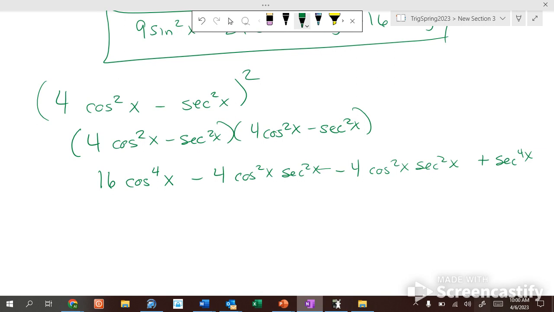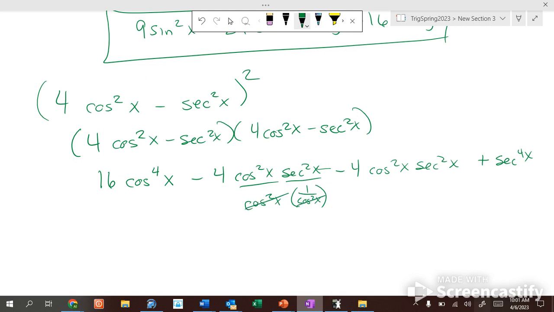Now, what's cosine squared times secant squared? Ooh, very good. Because secant squared is 1 over cosine squared, right?